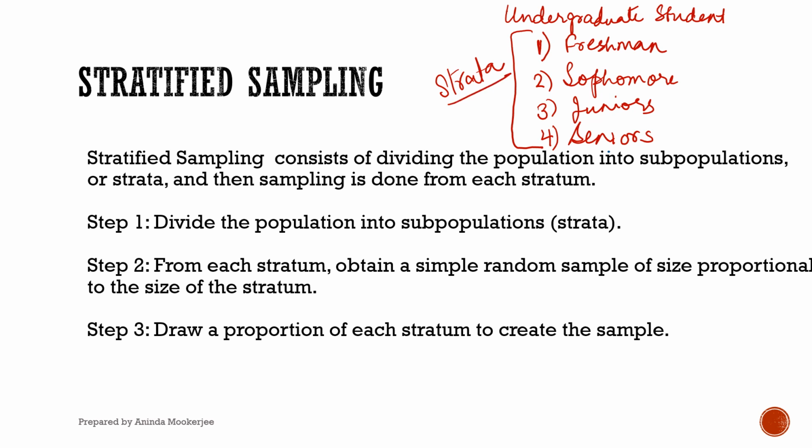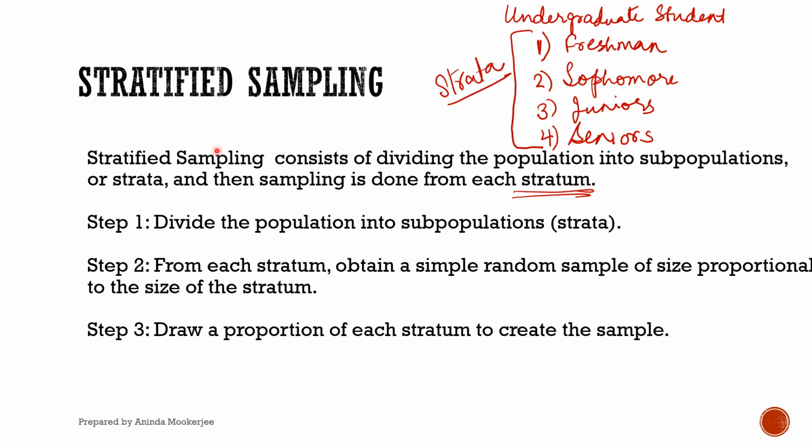The singular form of strata is stratum, and that's why they say that sampling is done from each stratum. So what it says here is that stratified sampling consists of dividing the population, which we just did, into subpopulations. These are the subgroups or strata, and then sampling is done from each stratum.